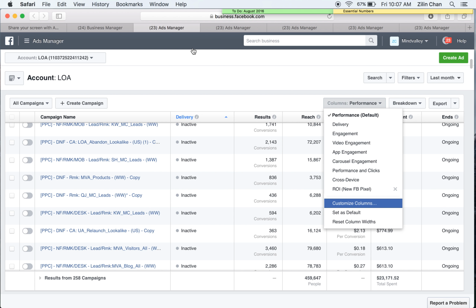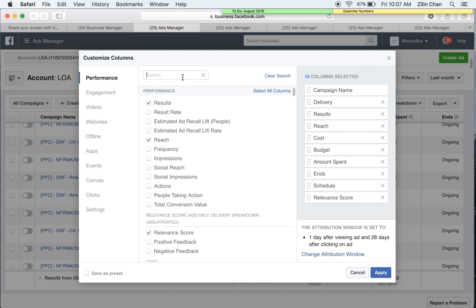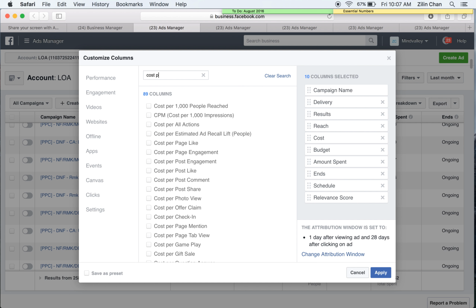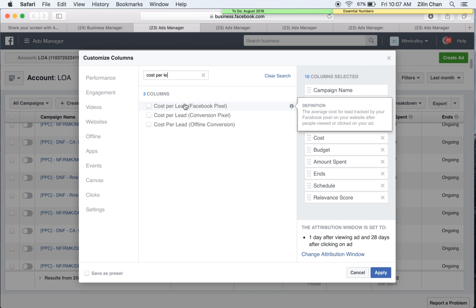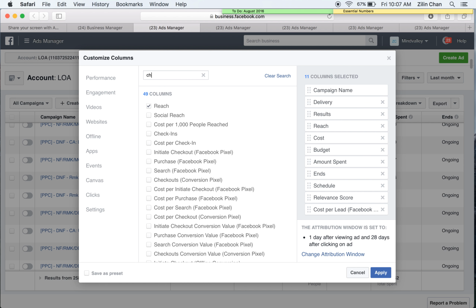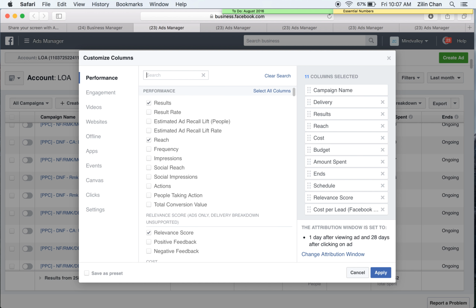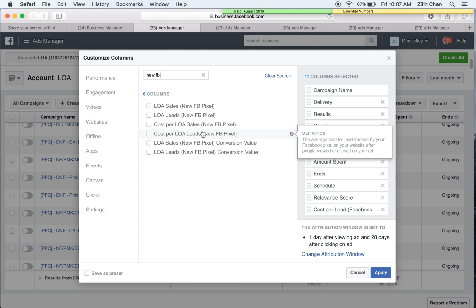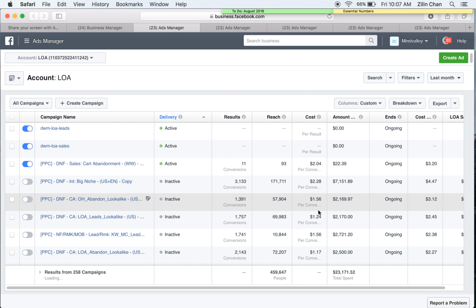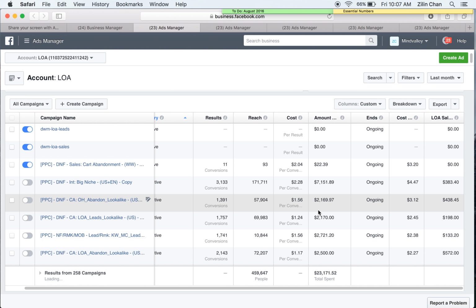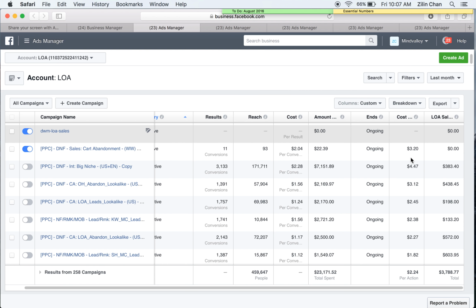I want to look at cost per lead, as well as the LOA sales conversion value. We take a look at these two, and then we filter out and see which ones have performed well and which ones haven't.